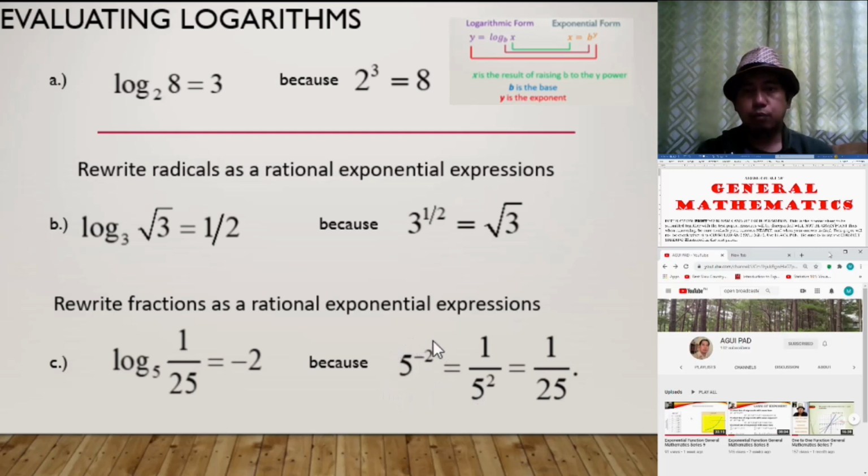So 5 raised to negative 2, with the exponent of negative number, we get the reciprocal of this one. Okay, so what is the reciprocal of 5 raised to negative 2? That is the same as 1 over 5 raised to positive 2. The negative exponent in here will be converted into positive. And so I have now in here a result of 1 over 25.